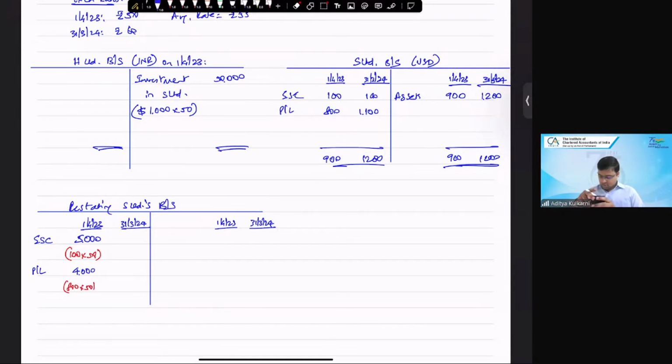Is it right? 4,000 or 40,000? 40,000, sir. 40,000. And then the assets. This will obviously go at closing rate. That is 900 into 50, 45. Any doubt so far in the first restatement?